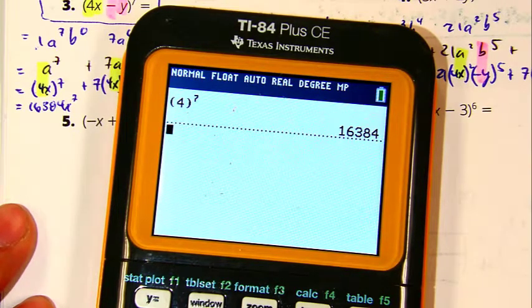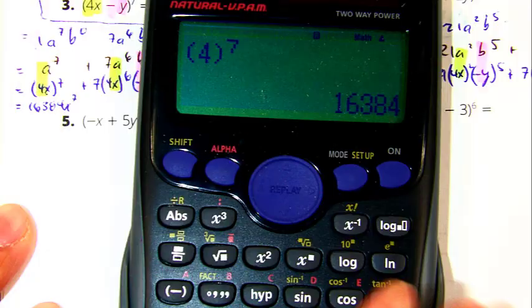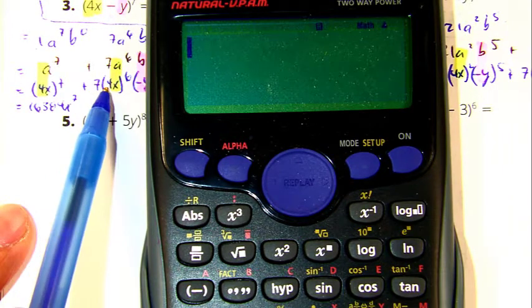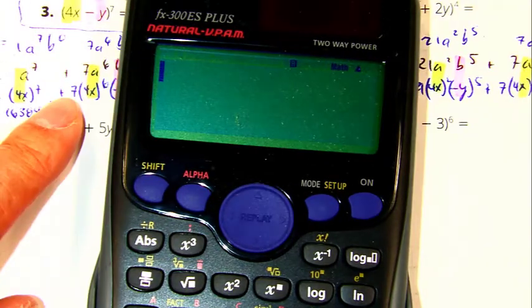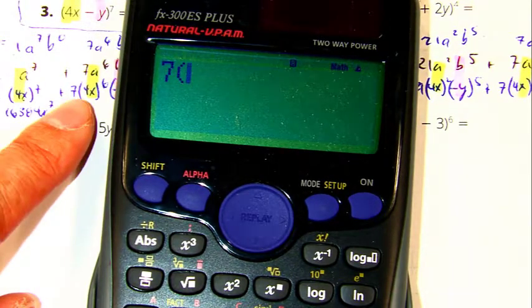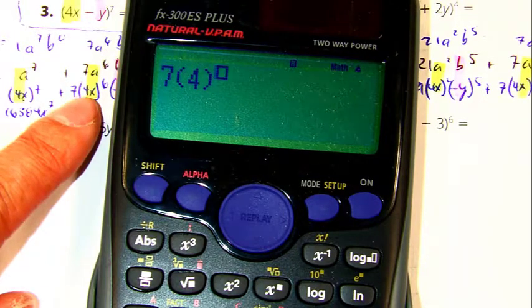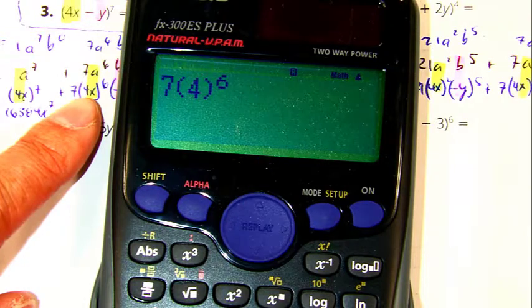But when you get to a problem that looks like this, we're going to type in 7, parentheses, 4, not including the variable, exponent 6. To get out of the exponent, you just press the right key.